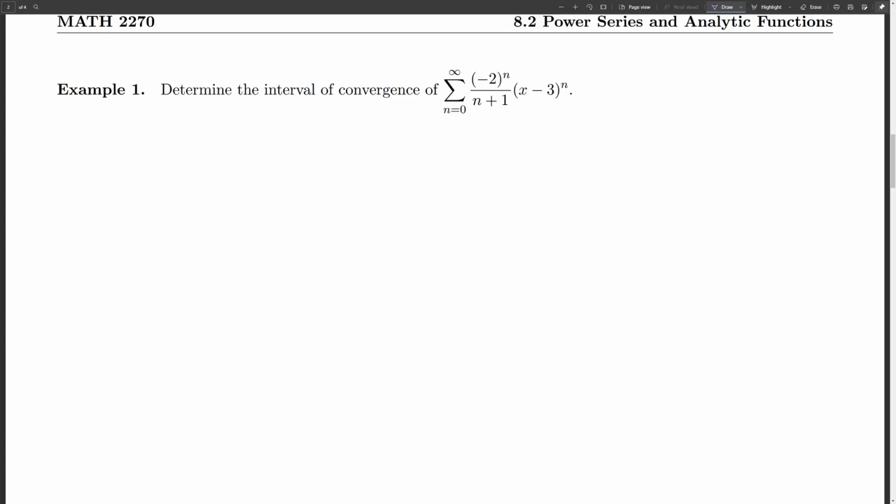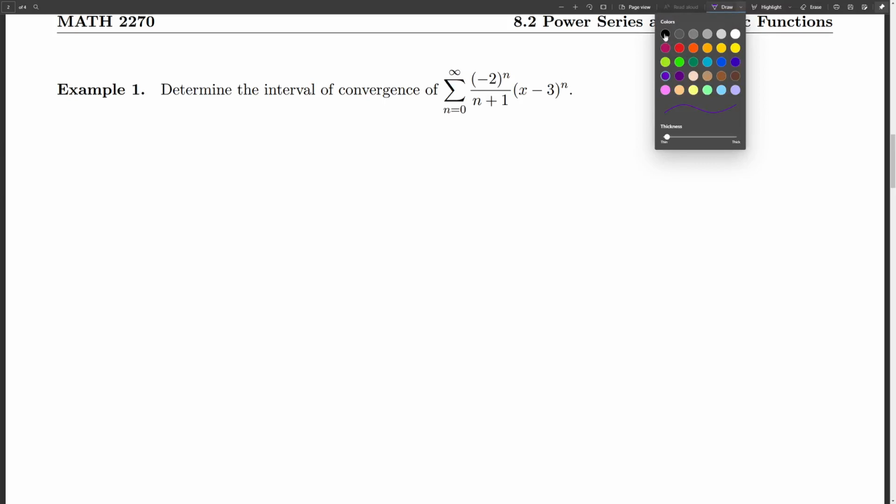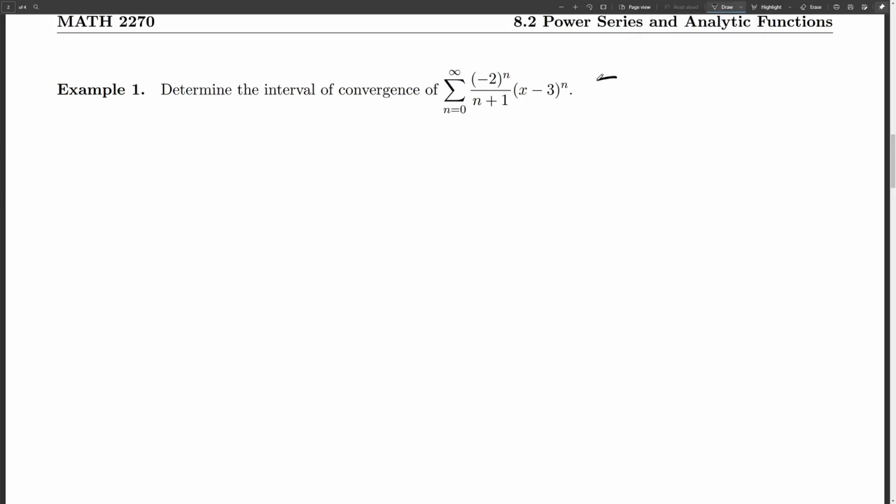In this example, we will determine the interval of convergence of the sum from n equals 0 to infinity of -2 to the power n over n plus 1 times x minus 3 to the power n. So first of all, what we should do is compare this with the general form of the power series.